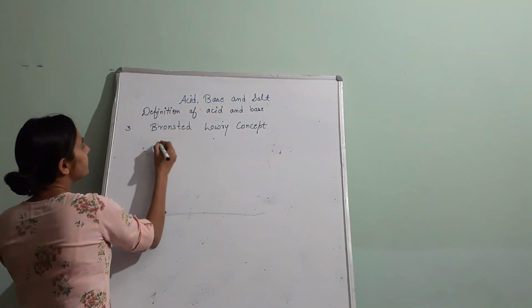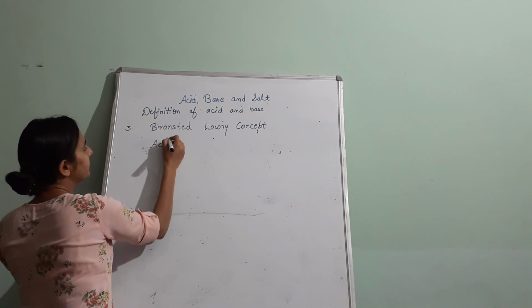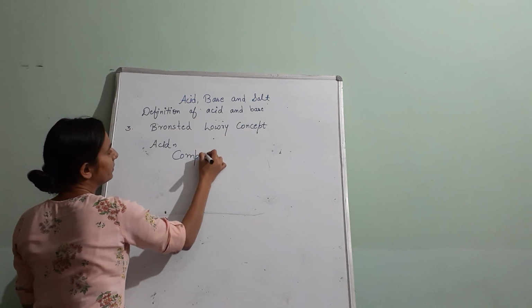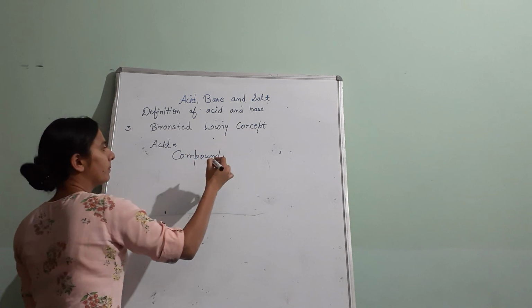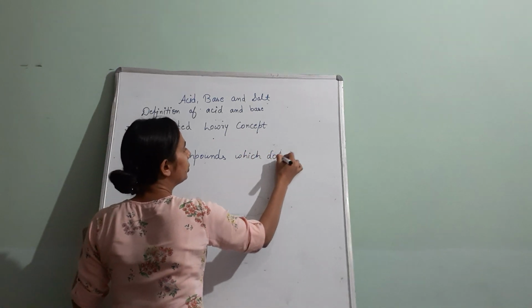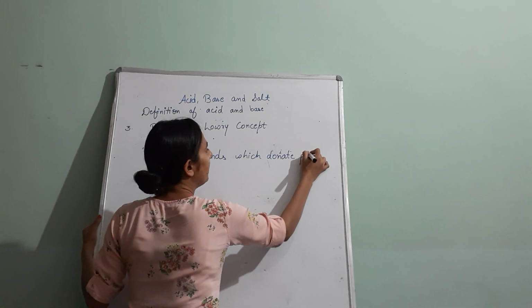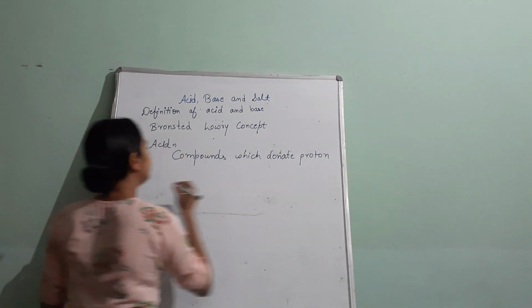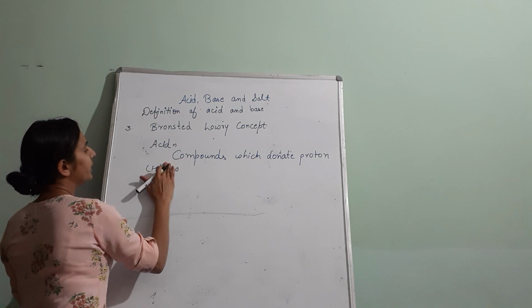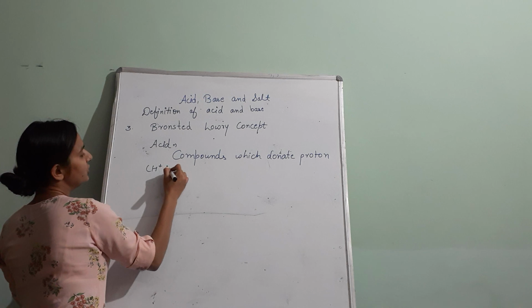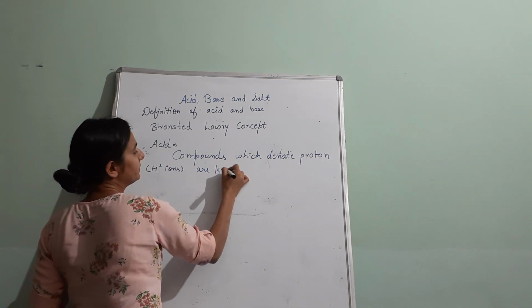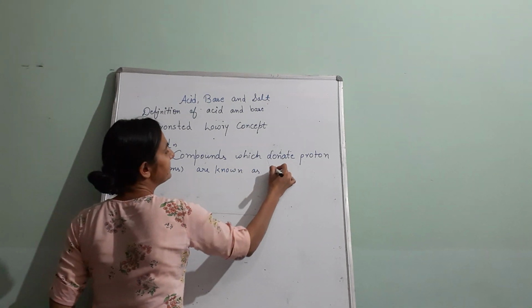So, according to Bronsted-Lowry concept, acid compounds which donate proton, and protons are also known as H positive ions, are known as acids.